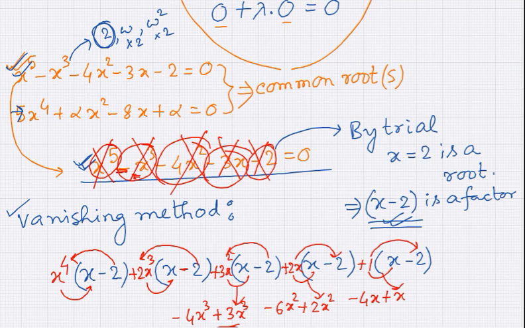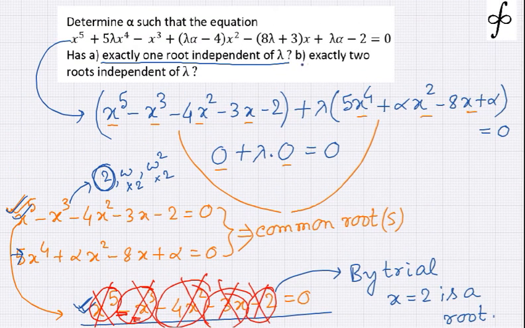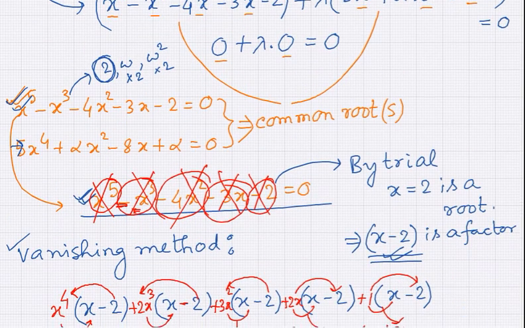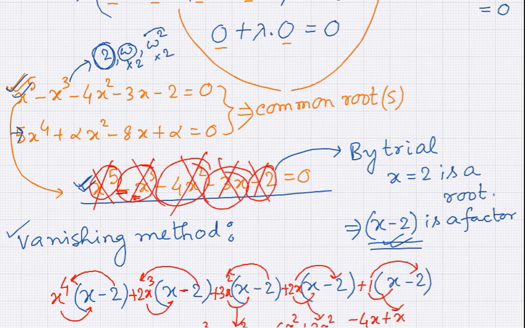And for the second part of the question, it says exactly 2 roots independent of lambda. So that is going to happen when either omega or omega square, which are the repeated roots, satisfies this particular equation.